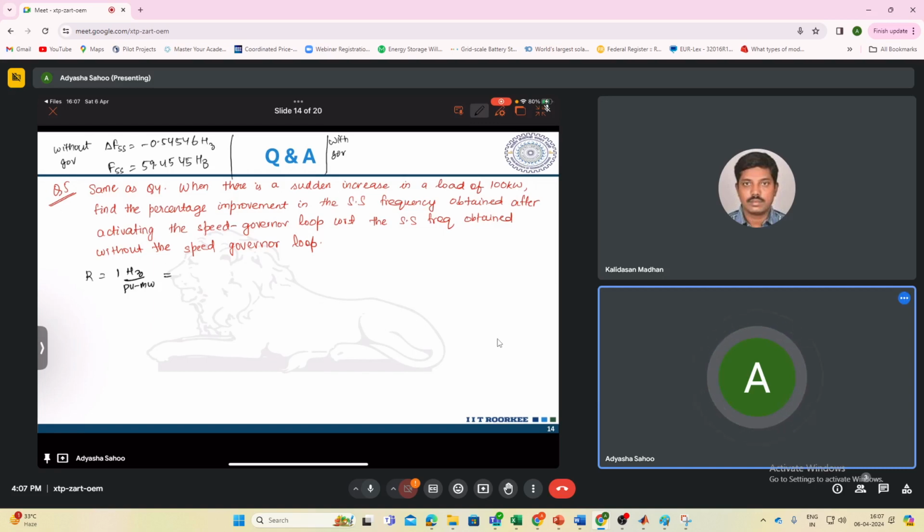So if I convert it into hertz per megawatt, how much is your system base?